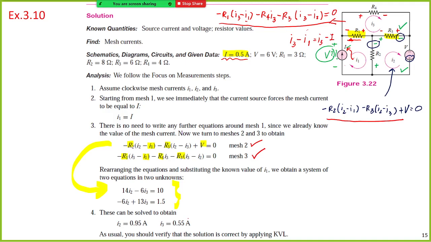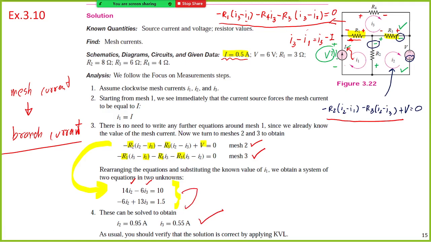So after we get I3 and I2, we get all the branch currents. The mesh current lets us know the branch current. Here we can get the branch current from the node current. Again, please check this by yourself.